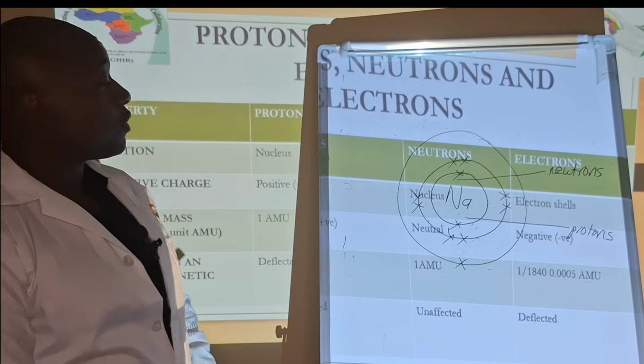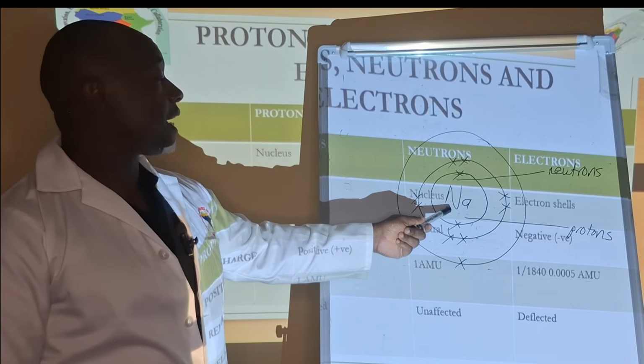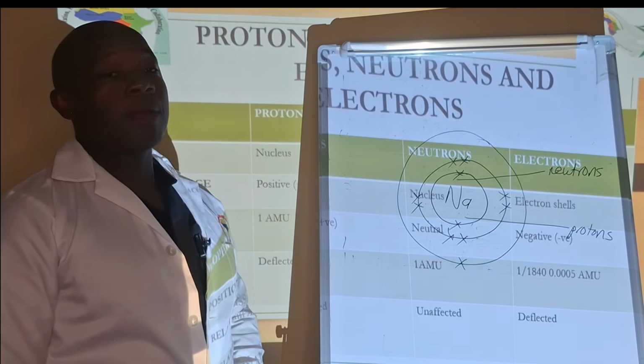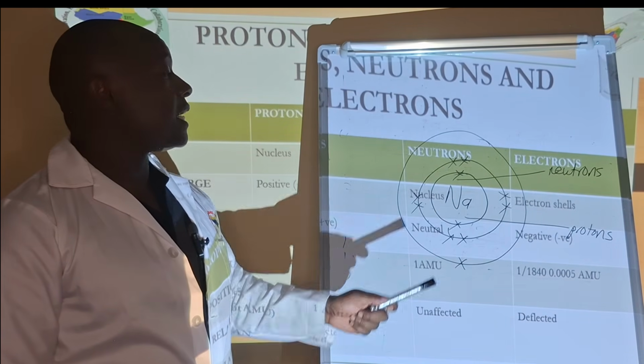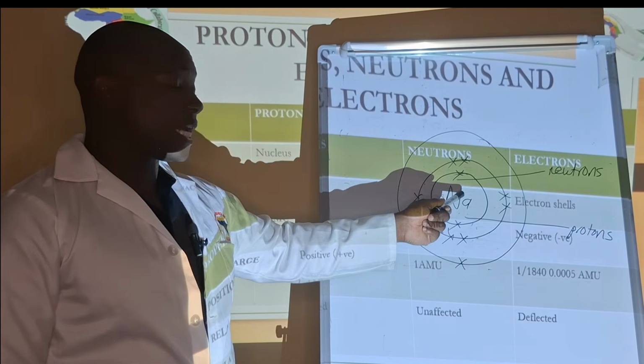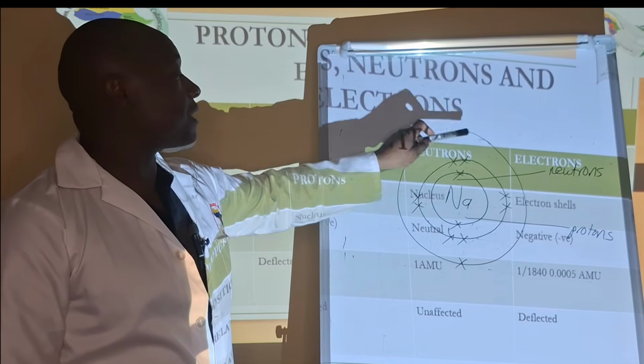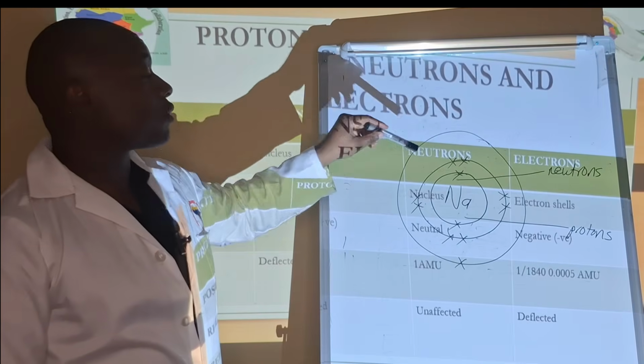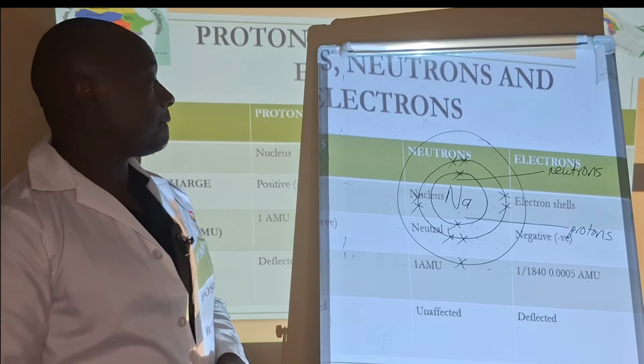Inside the nucleus of an atom is where we have our neutrons and our protons. Electrons are not found inside the nucleus, but rather surrounding the nucleus in what we call electron shells.